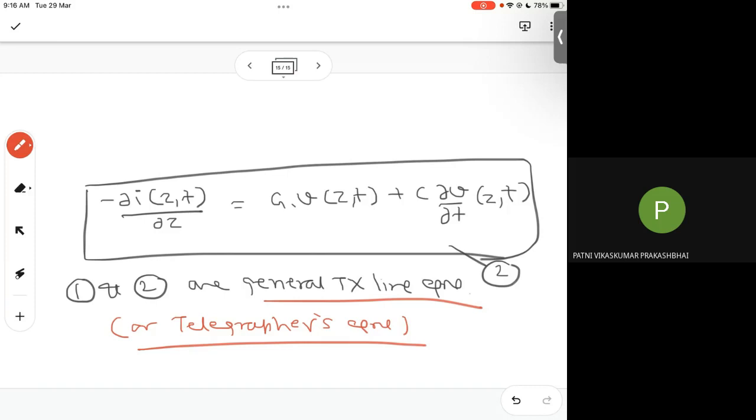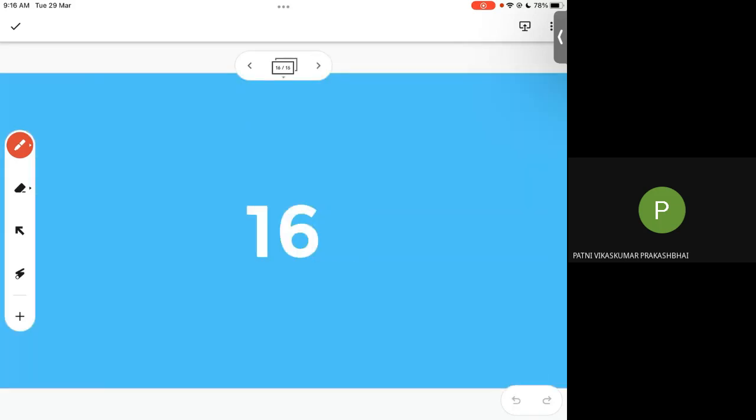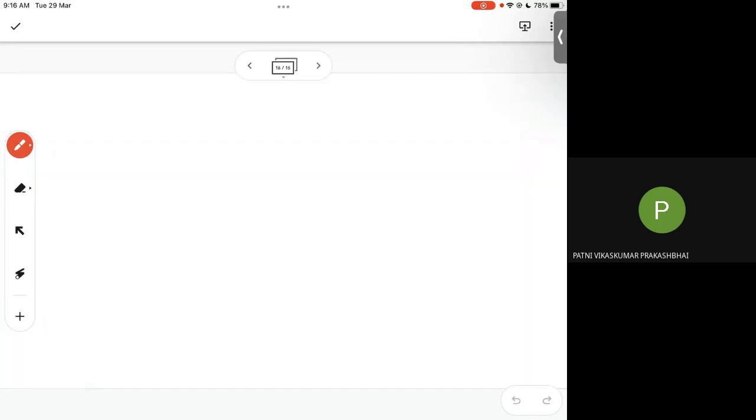Now, we have to solve these equations. Here, they are time-dependent equations. And you must have learned that when we have a harmonic time dependence, that is, a frequency or time-varying concept, we need to use the phasor concept. I think you must know it, but I will explain what it means.